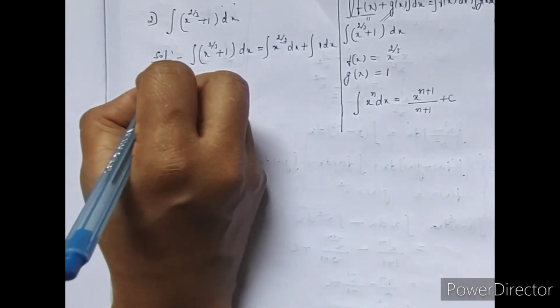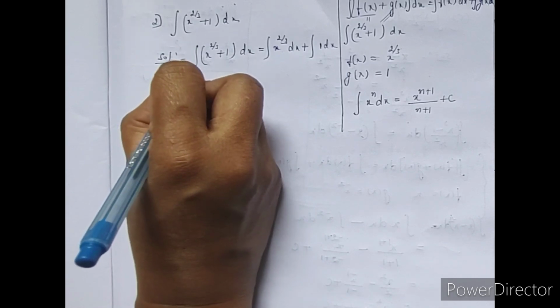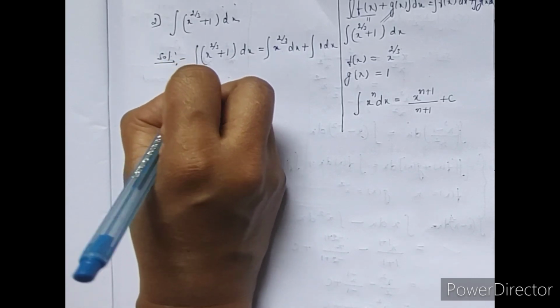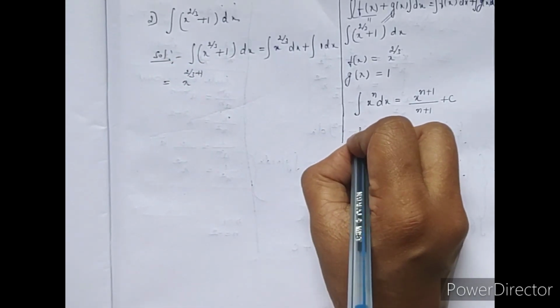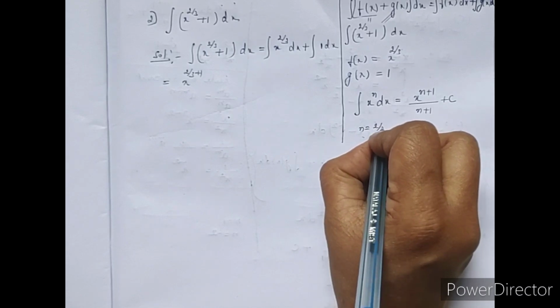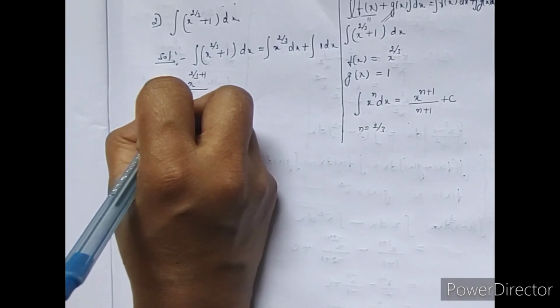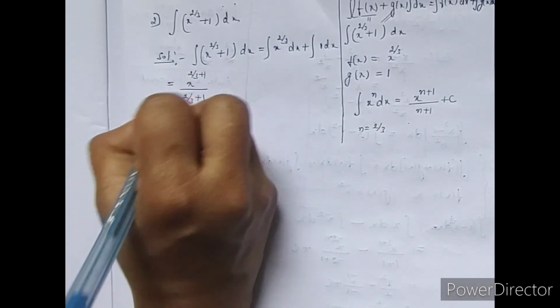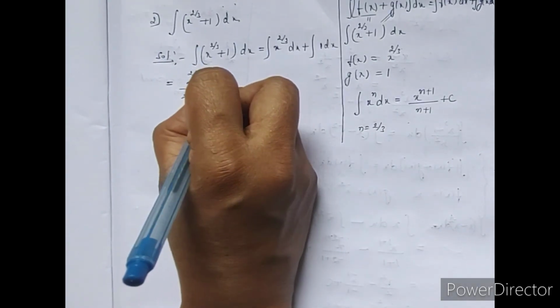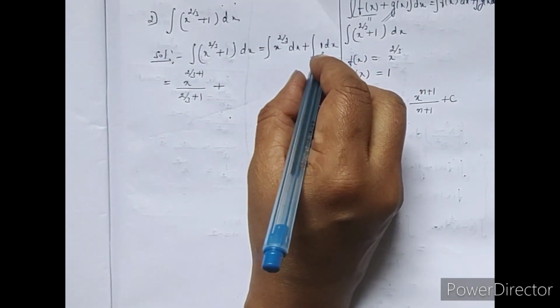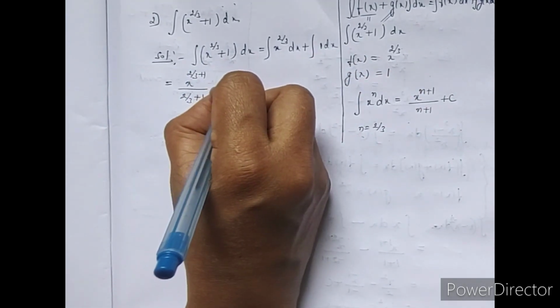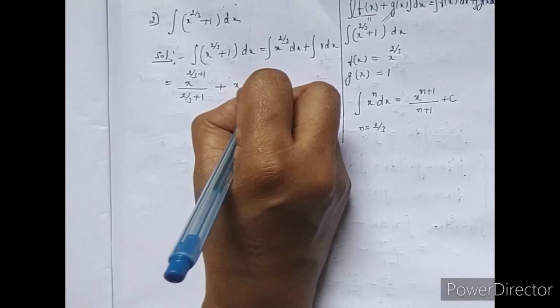What is n? N is equal to 2 by 3. So it is x to the power of 2 by 3 plus 1 divided by 2 by 3 plus 1, plus, we know that integration of 1 into dx is x. So plus the constant of integration c.